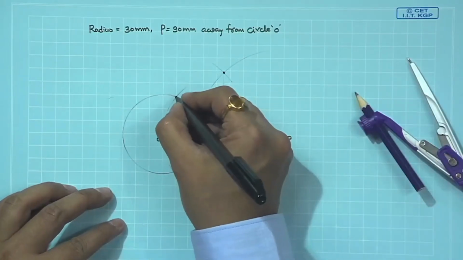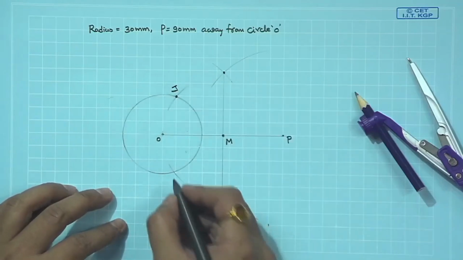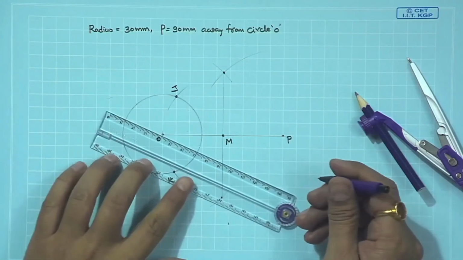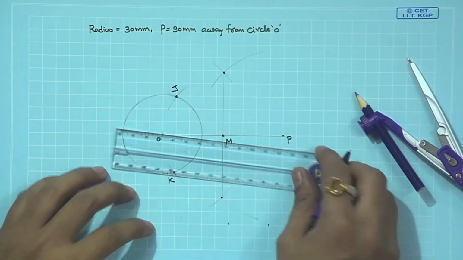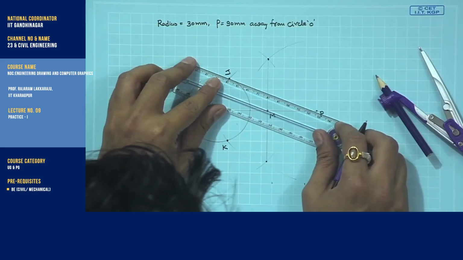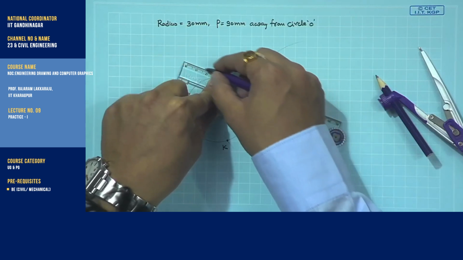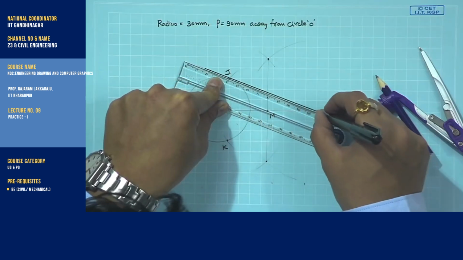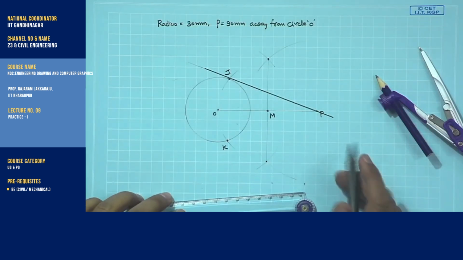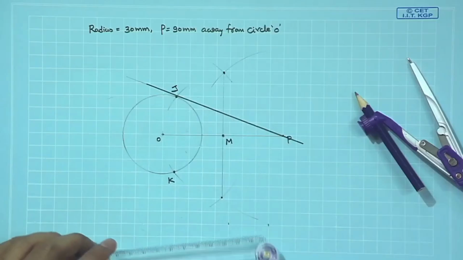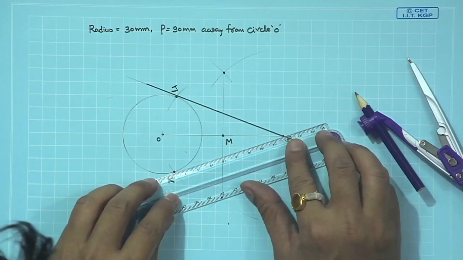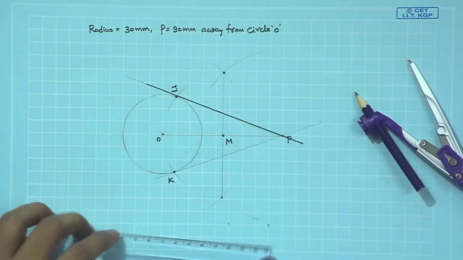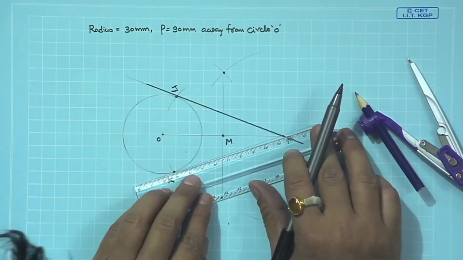Let us call this point J, this point K. Now, join point J and P. So, this is the tangent to that circle passing through point J and P. Similarly, join K and P. Connect this by a line.